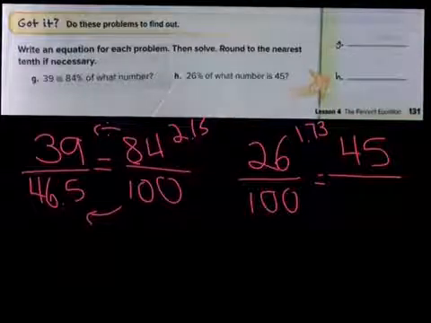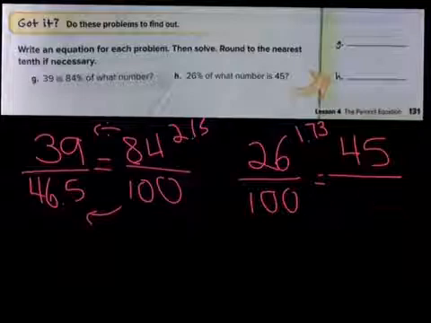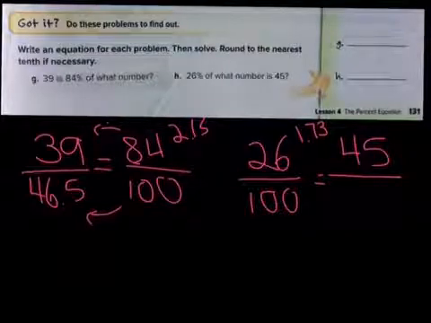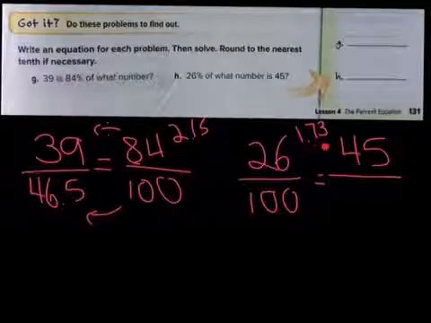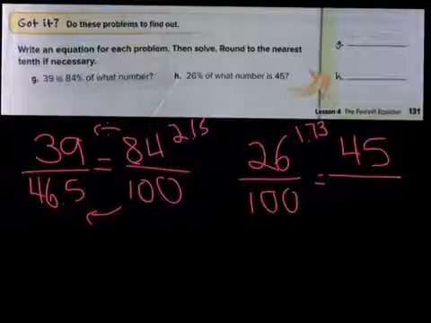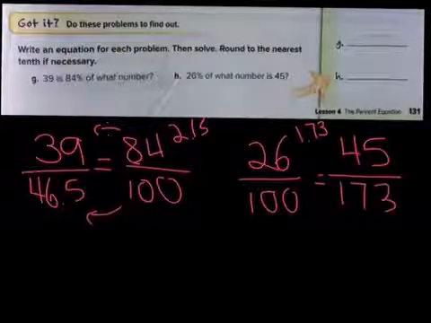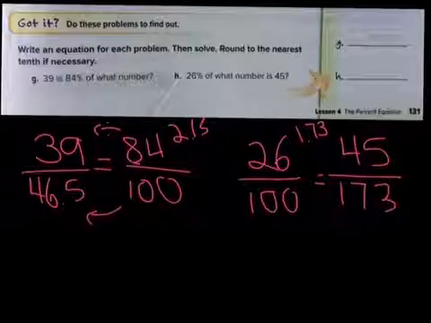So the same thing here. I want to go from here to there. I have to multiply 100 by 1.73. Don't forget that when you do that, the decimal place will move over twice, 1, 2, because you're multiplying by 100. So you simply get 173. Okay, and those are your answers.